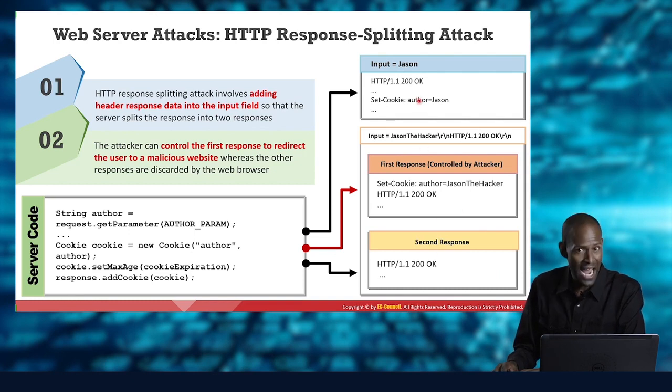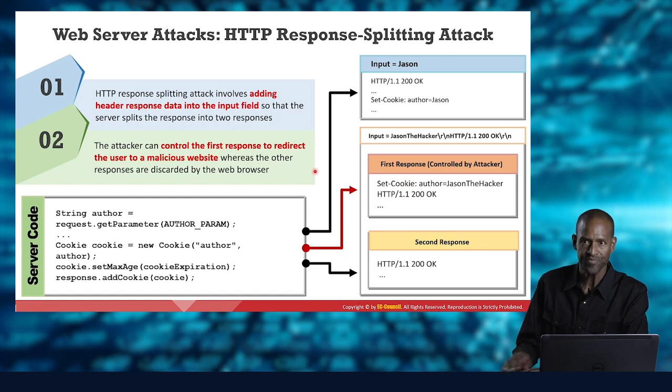And so the attacker controls the first response. And what they do with that is they redirect the user to a malicious website rather than where they were going to go. This is a response splitting attack that happens. In this case, it's Jason the hacker that's sending the user to the improper website.